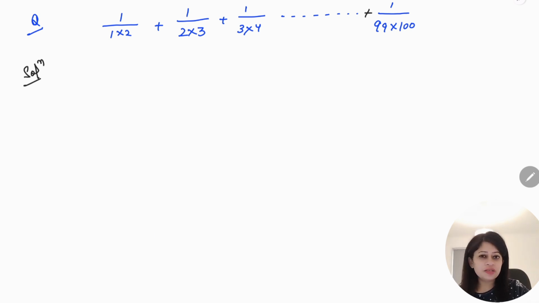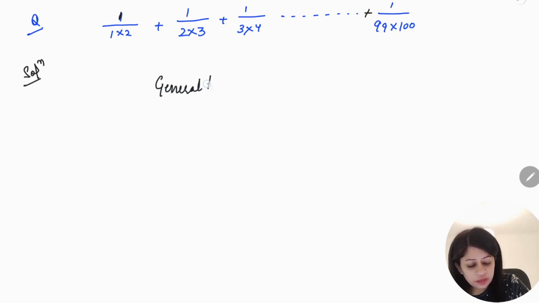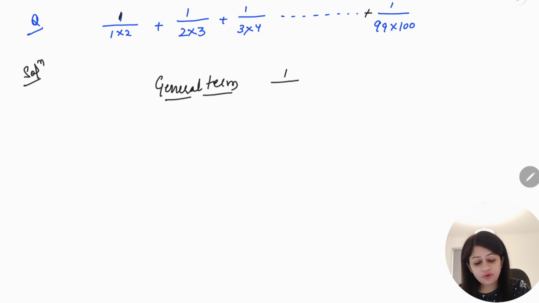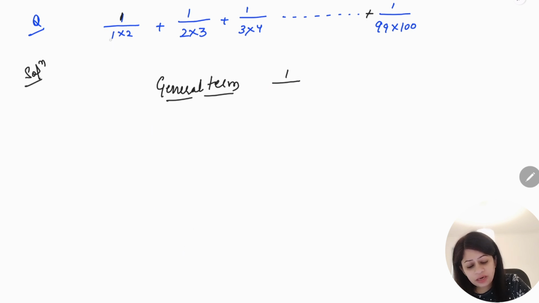So if we observe the pattern, everywhere we have one on the top, right? So if I write the general term, what type of terms are these? One is in the top, right? So the first number is 1 and then the next number is 1 plus 1.